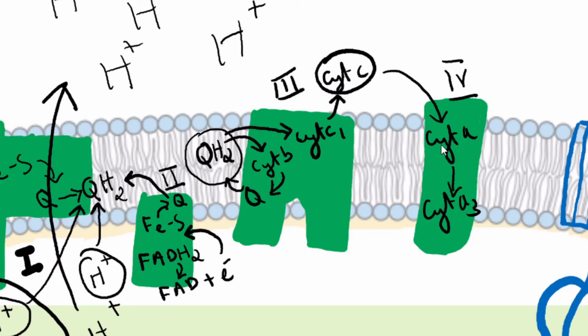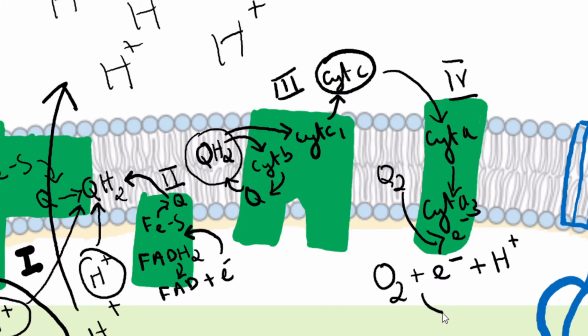The prosthetic groups of both the cytochromes in complex 4 will be reduced, and the final acceptor of those electrons will be molecular oxygen. It will accept those final electrons. So oxygen will accept those electrons plus protons from the matrix and be reduced into water.